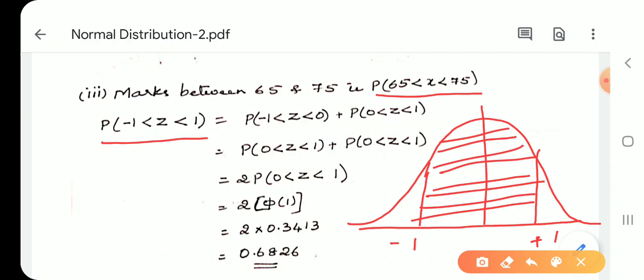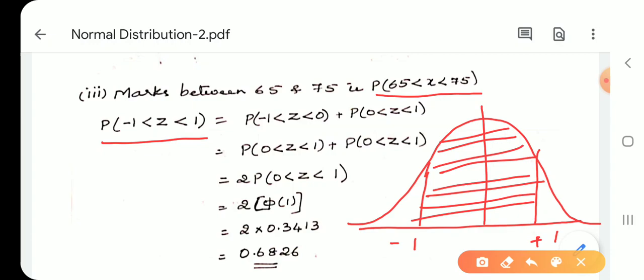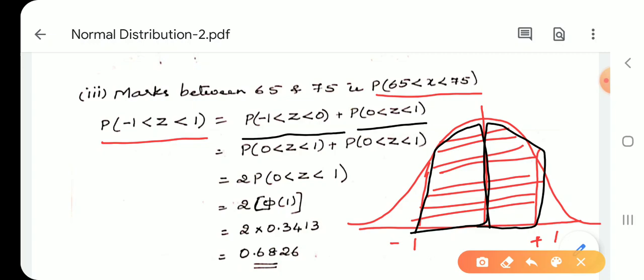Now this question, P of minus 1 less than z less than 1, can be split and written in the form of two curves, that is P of minus 1 less than z less than 0, which is this part of the curve, plus P of 0 less than z less than 1, which is the other part of the curve.